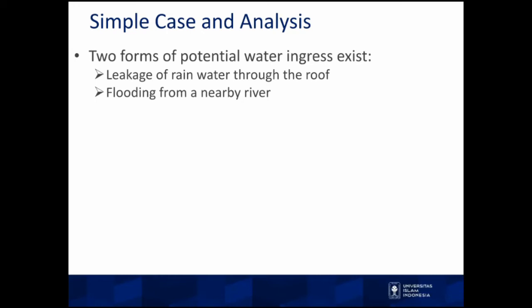From the information, there are two possible water ingress paths. The first one is leakage of rainwater through the roof, and the second one is flooding from the nearby river.